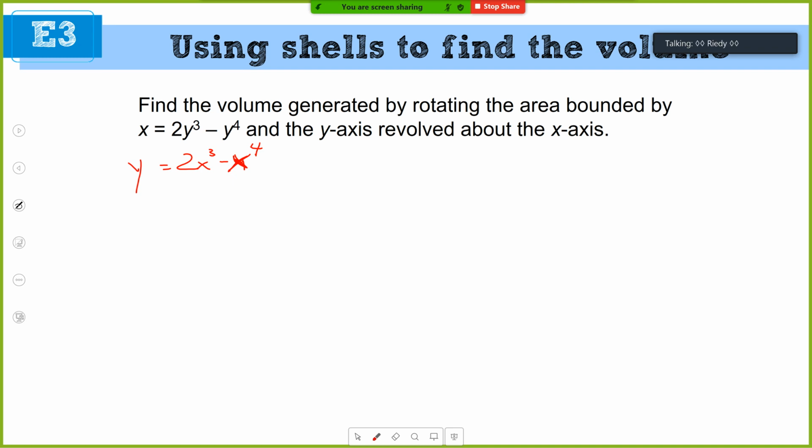Okay? You got that weird looking pseudo parabola looking thing? How does that tell me what this is going to look like?